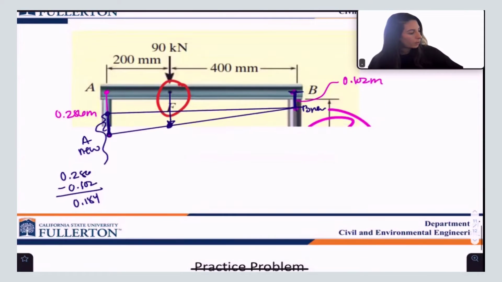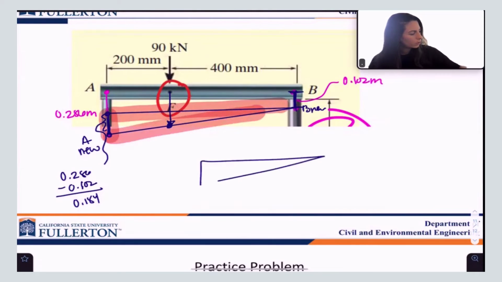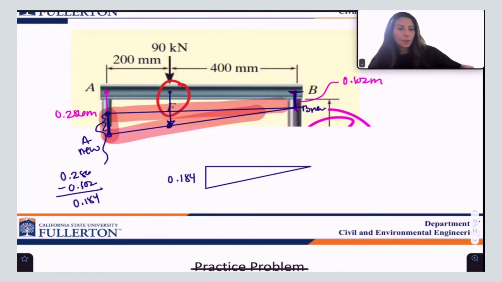So if I were to redraw this triangle to show you, there we go. I would have one side with 0.184.